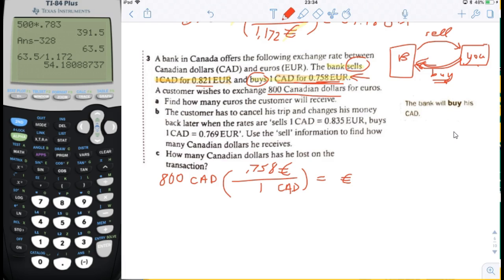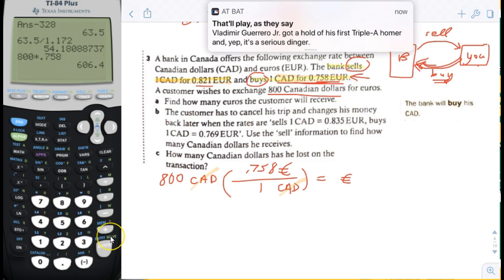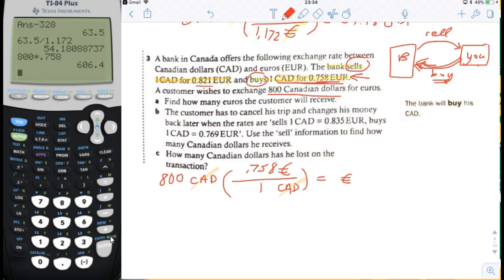The 1 Canadian dollar goes on the bottom because the Canadian dollars need to cancel out with the Canadian dollars on top. So I'm going to multiply 800 times 0.758. And I get 606.4. So the answer is 606.40 euros. That's the answer to A.